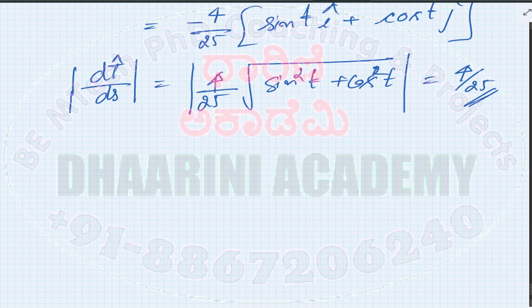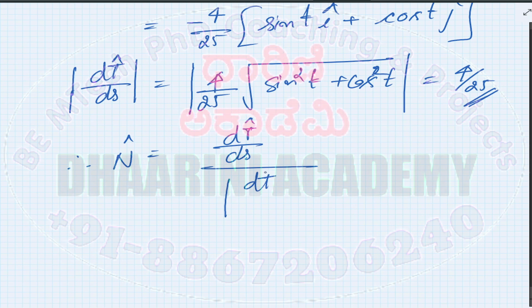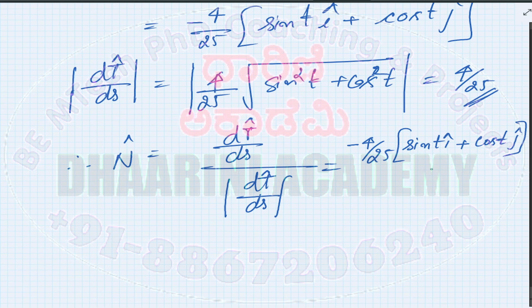So what is required now? Therefore, the final answer, that is n cap, is equal to dT cap by ds whole divided by the magnitude of dT cap by ds. Both of them we already have now. So this is minus 4 by 25 times sine t i cap plus cos t j cap, whole divided by 4 by 25.